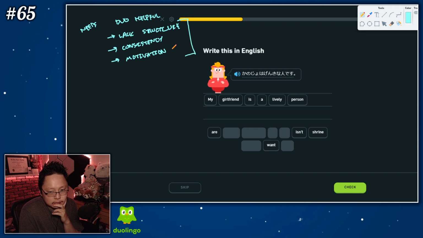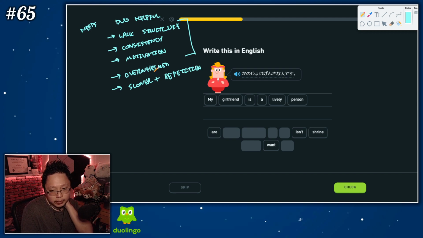These are big ones: consistency, motivation, and lack of structure. If you get easily overwhelmed, as in you need something that's slower and repetitious. If any of these things ring a bell for you, then Duolingo can offset these. That's what it has to offer, if you're asking if it's good.